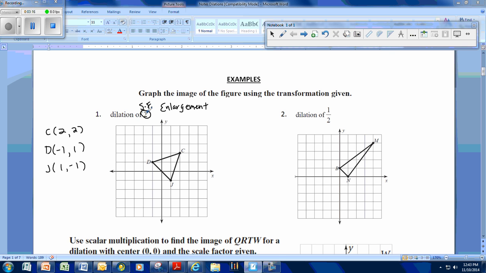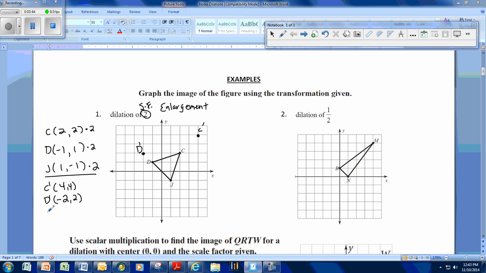Okay? So I'm going to apply the scale factor here. I'm going to multiply everything by 2. Each point I'm going to double. So that gives me my new C, which is C prime, would be 4, 4. I'll graph that. 4, 4 would be here. All right. D prime would be -2, 2. -2, 2 would be right here.